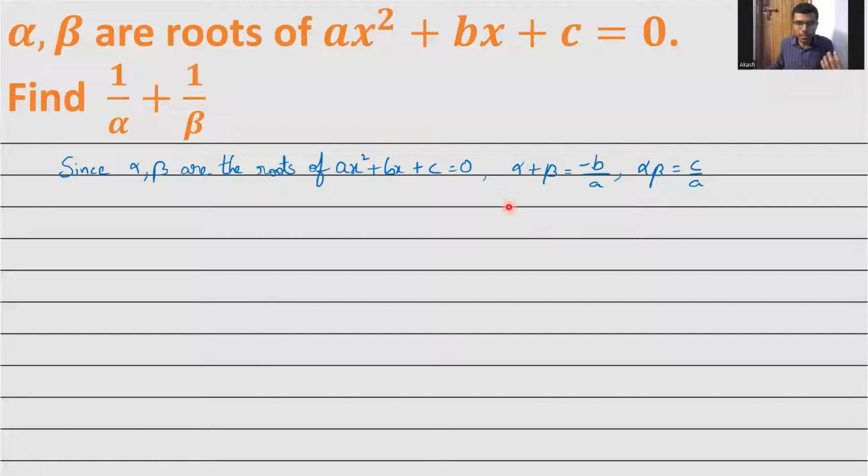See, previously we had learned that the quadratic equation with alpha, beta as its roots is x square minus x times alpha plus beta plus alpha beta is equal to 0.